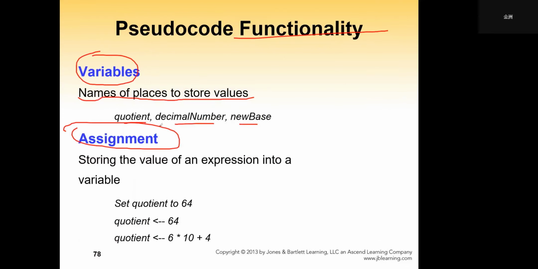Assign some values to a variable, or assign some expressions to a variable. Assignment is to store the value of an expression into a variable. For example, we directly assign this number to this variable, or we assign this calculation formula to this variable, representing the results of this calculation. So we can use different formats.